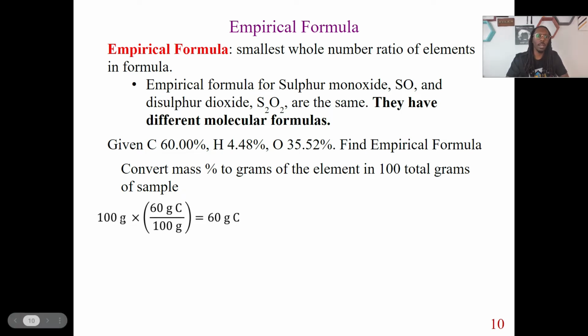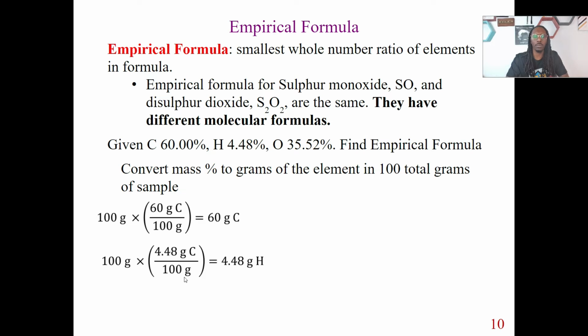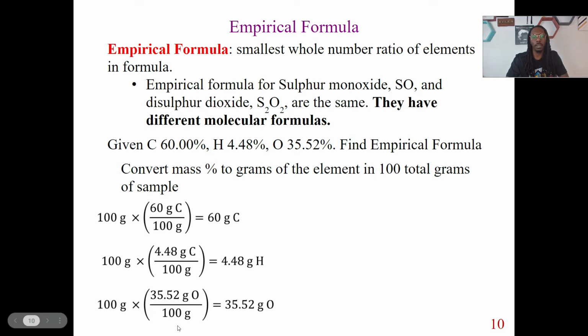Then we times this by 100 grams to cancel out our 100 grams, leaving us with 60 grams of carbon. We're going to do this with all our percentages. So with hydrogen, 4.48 grams of hydrogen over 100 grams times 100 grams to cancel those out. And then oxygen, 35.52 grams of oxygen over 100 grams, cancel that out.